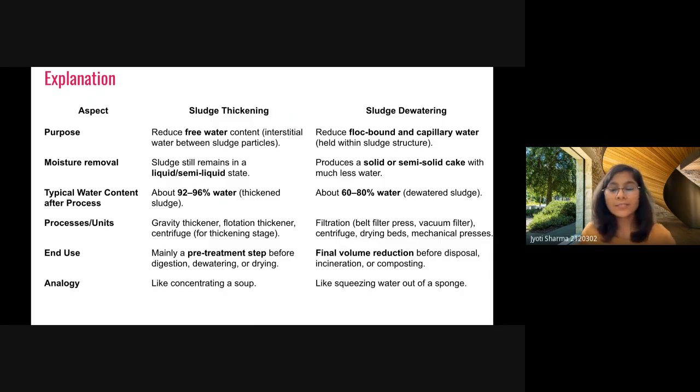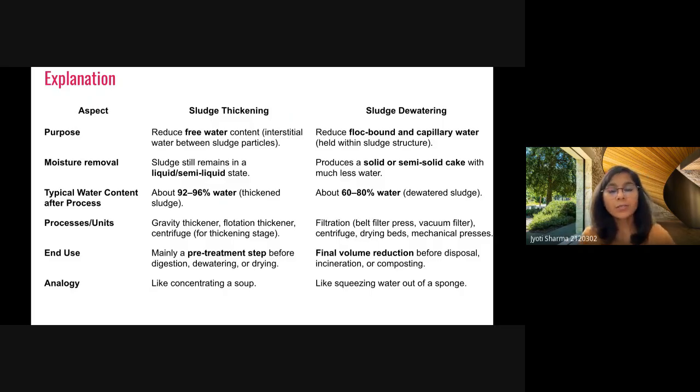We have sludge thickening, and we also have sludge dewatering, right? In sludge thickening, we can reduce free water. But in dewatering, we can even extract the capillary water. I think you know the difference between capillary water and free water. You must have heard that in soil we have capillary water and we also have free water.